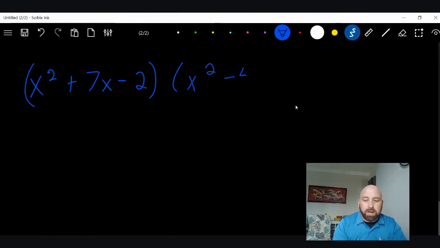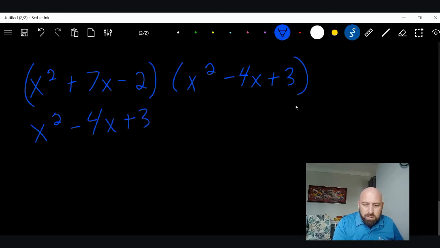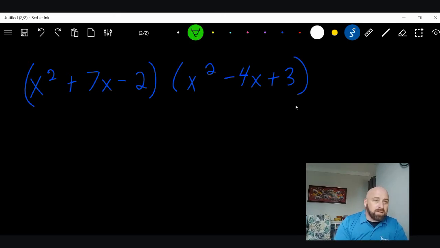Now, there's really two different ways to do this. You could stack it up, like basically put them on top of each other like this, and you could multiply this way. I don't really love that method, but if you know that method, or if you want to look at the book and try to understand that method, you can. I like this method, and here's the way I do it.